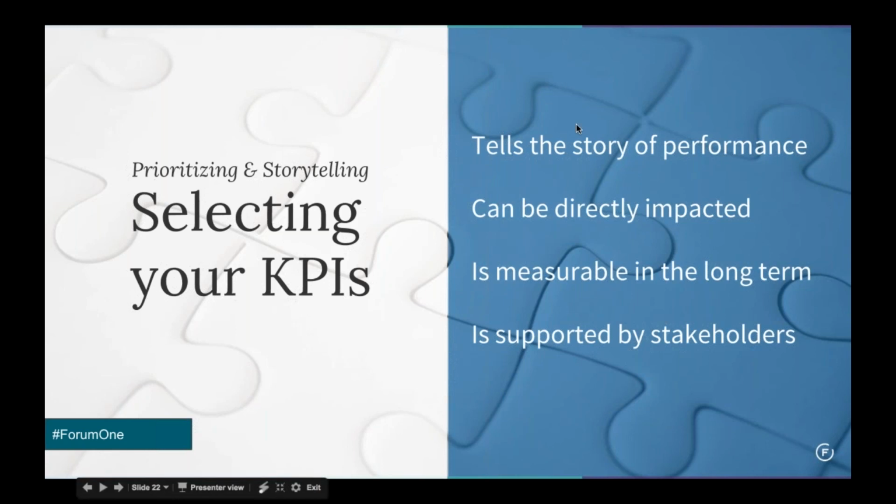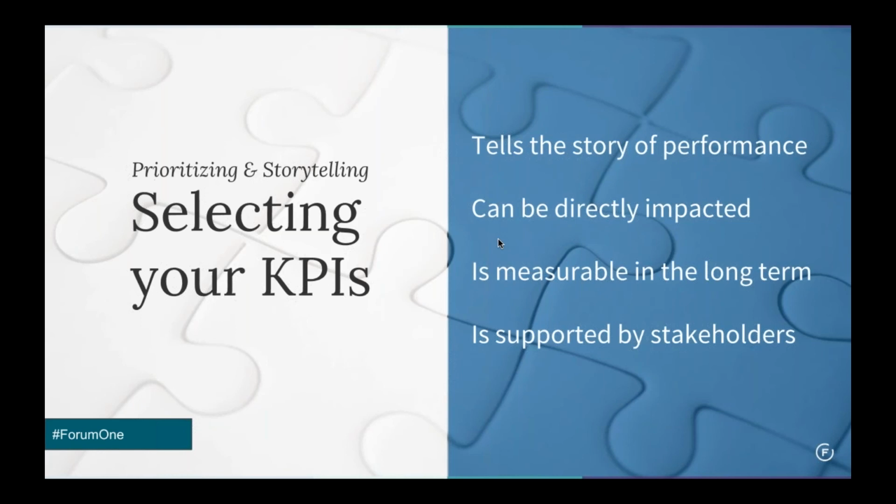The next one is making sure that it can be directly impacted. Here's another one that I really get challenged with when I'm working with clients and we're talking about selecting our KPIs. The big piece here is, what do you, your organization, and your team have control over?